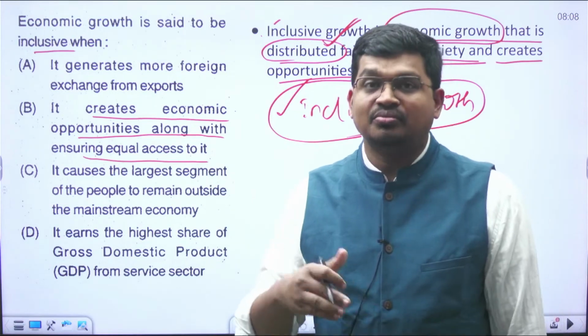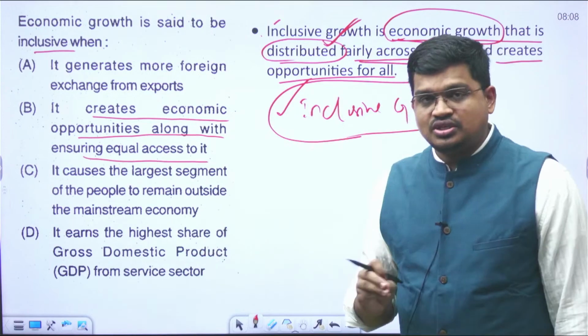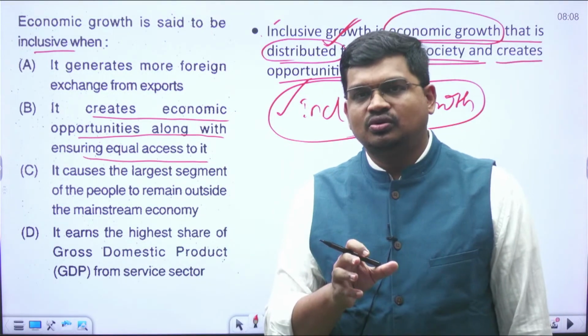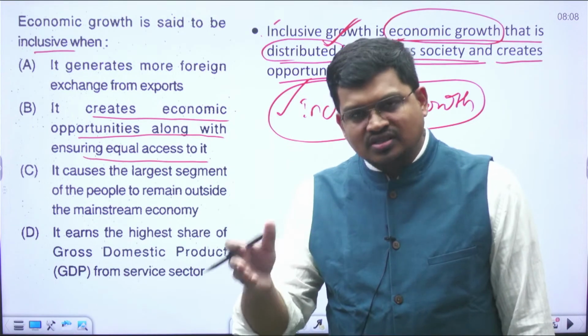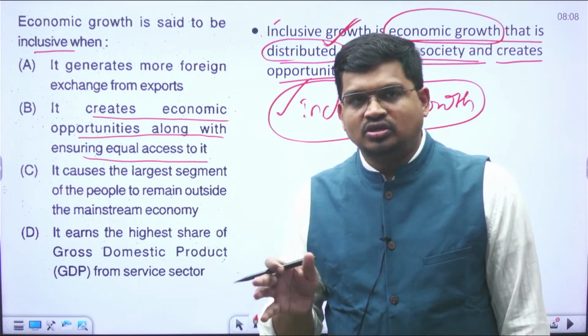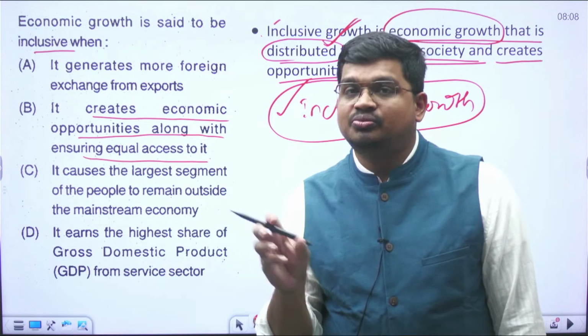But from the point of view of this question, it is simple: what is the meaning of inclusive growth? Economic growth only says how many goods and services are produced in the economy. This economic growth does not bother about how much or in what way that economic growth has been distributed.